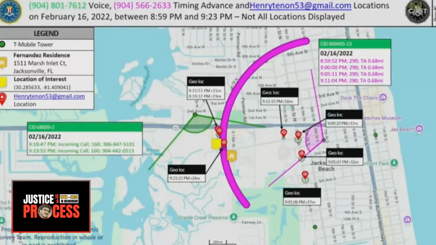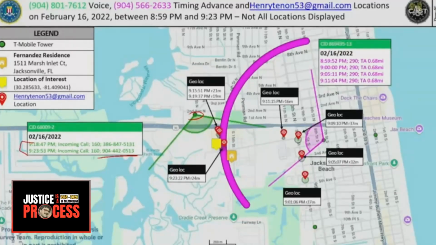Yeah, so target cell phone 7612 utilized the tower and sector near the 2nd Avenue sign on the map, the sector facing to the south and east towards the yellow flag and the residence flag for 2 incoming phone calls at 9:18 and 9:23. One of those phone calls was with his other cell phone attributed to him in this investigation.